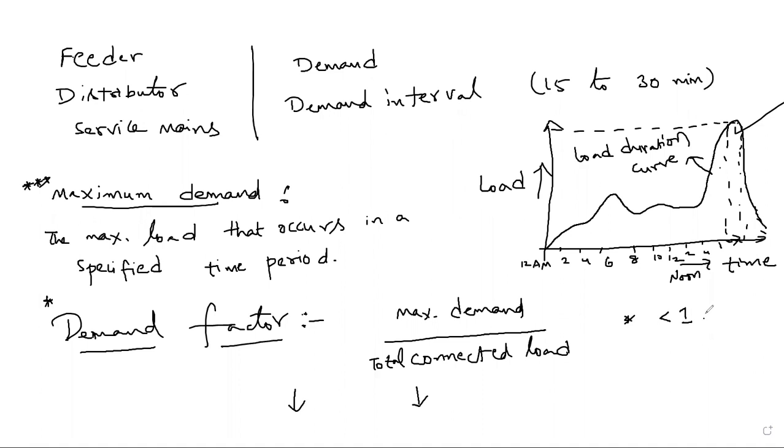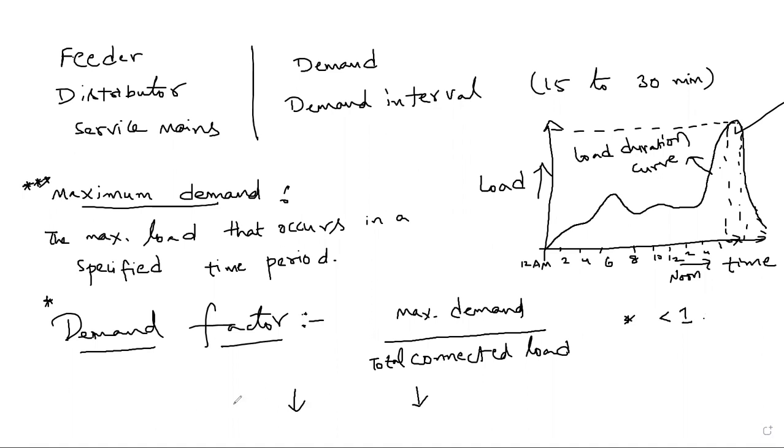If the demand factor is a very low value, what does it indicate? That the maximum demand is very much lesser, so the system capacity required to serve the connected load is lesser. If the utilization, that is the maximum demand, is very much lesser, then the requirement to serve the connected load is also very much less.